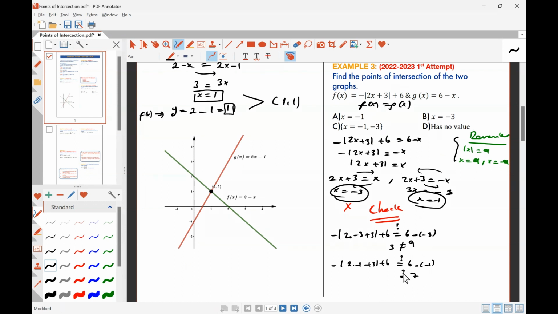Is it equal to, on the left, 2 times negative 1, negative 2 plus 3, 1. Negative 1 plus 6, 5. 5 is not equal to 7. It's not my answer either. So it seems none of them works after checking. So we simply say there is no value.